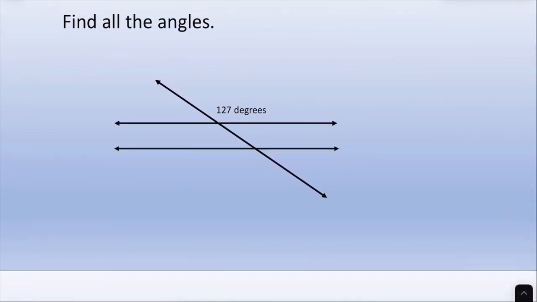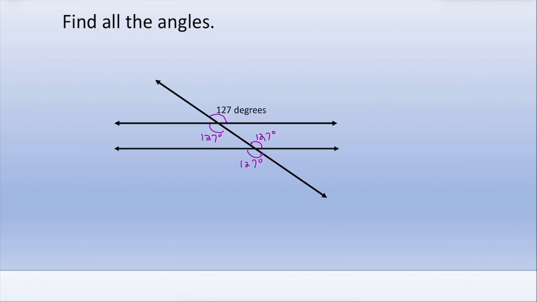So if we look at this example, and we're assuming this right here is 127 degrees, based on what we talked about earlier, let's mark everything that's 127 degrees. So all of those ones right there, again, visualize cutting this out, lifting it and putting it right there. All of those are 127 degrees. So let's mark all those.